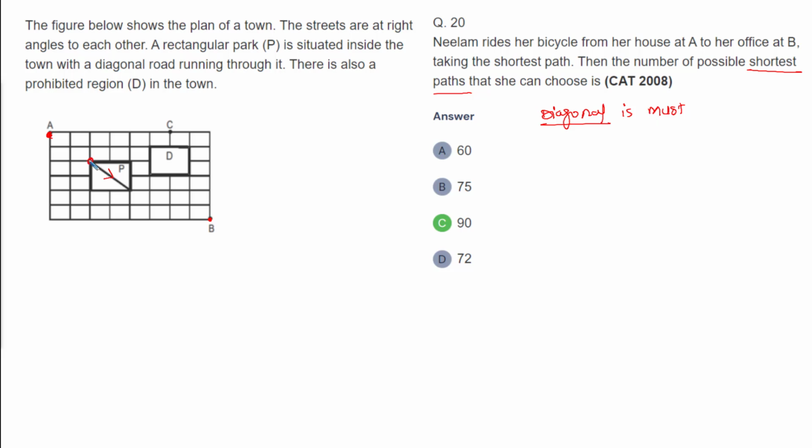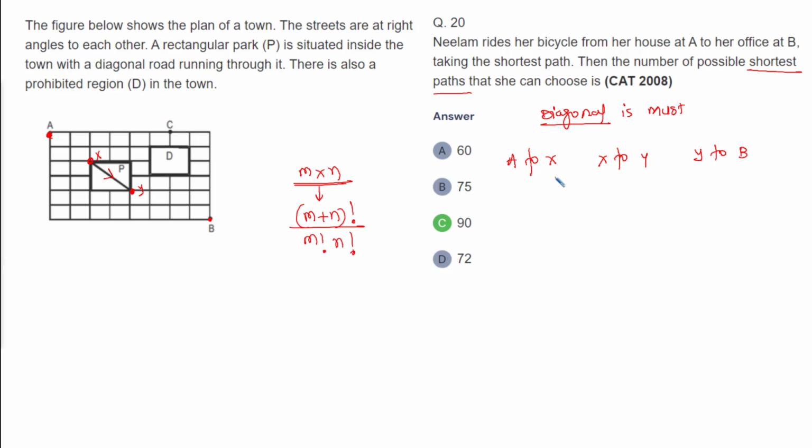Let's call this point X and let's call this point Y. So Neelam is going to travel from A to X, then X to Y and then Y to B. Over here there is a direct formula: if a grid is of m by n, then the number of shortest paths is (m plus n) factorial divided by m factorial into n factorial.